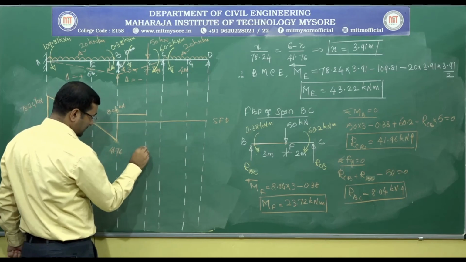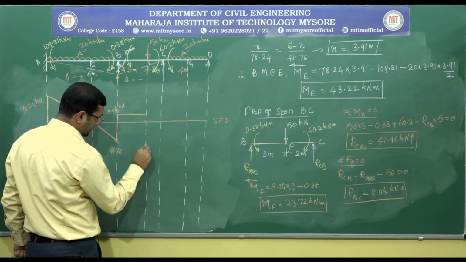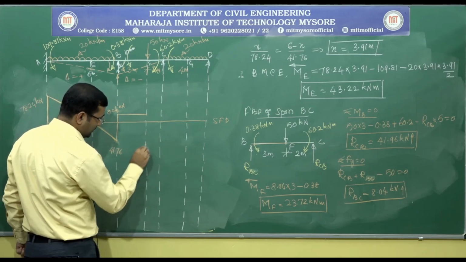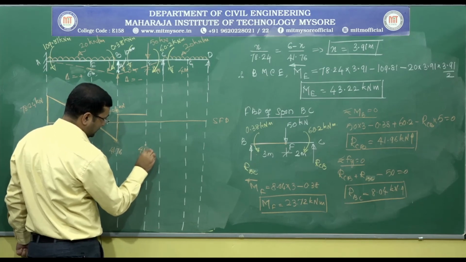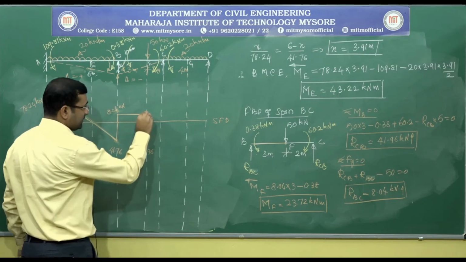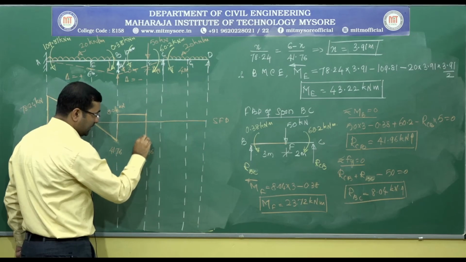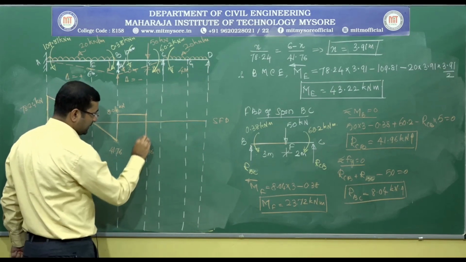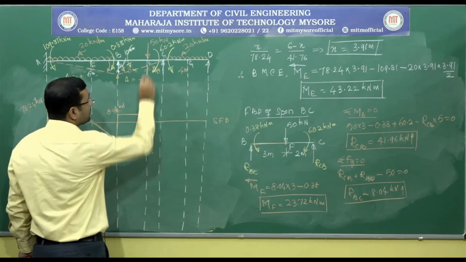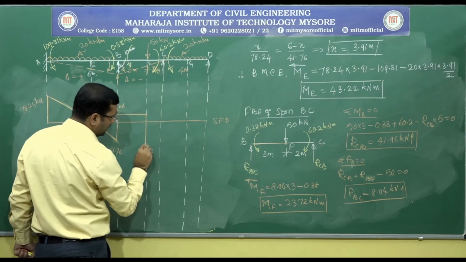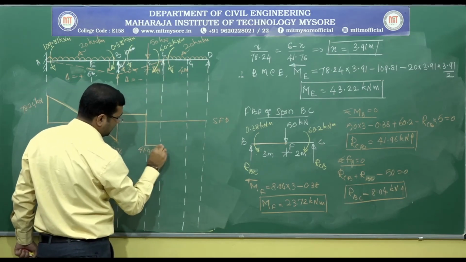So somewhere here I have to mark it, about 41.96. So the line will be vertical, right? From F to C we don't have any load, so it is constant.